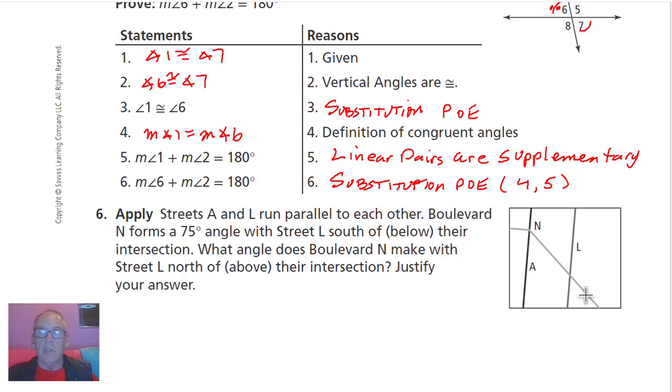That means this is a 75-degree angle there. What angle does N make with street L north of their intersection? Well, we can see that these two angles make a straight angle. They're a linear pair. So 180 take away 75 leaves us with 105 degrees.